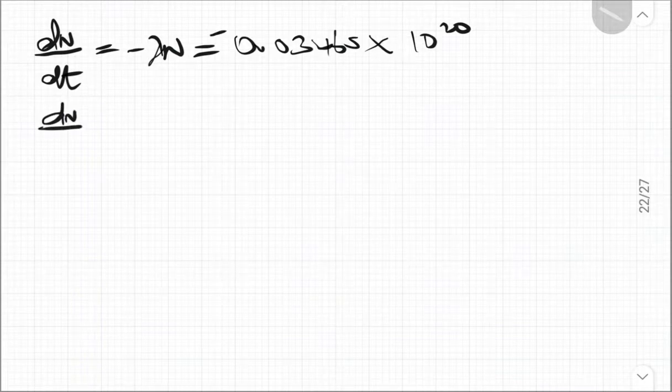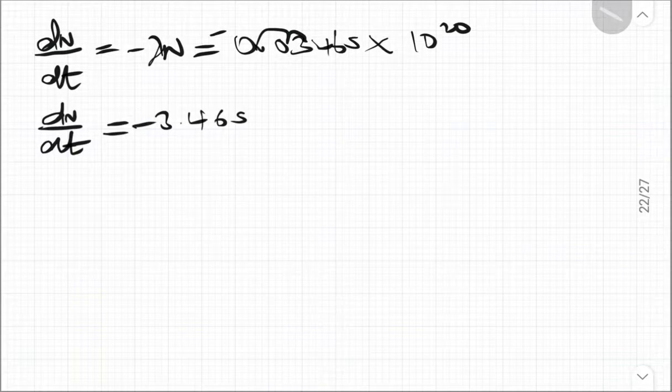So dN over dt is equal to, let's count back. So we have 3.465 negative times 10 to the, since we count backwards by 2, 20 minus 2, so we have 18.